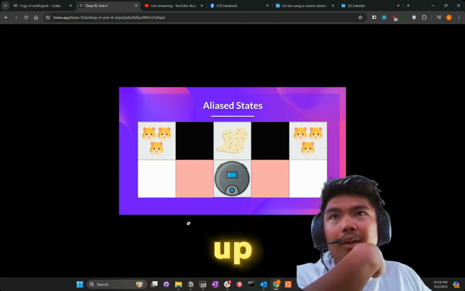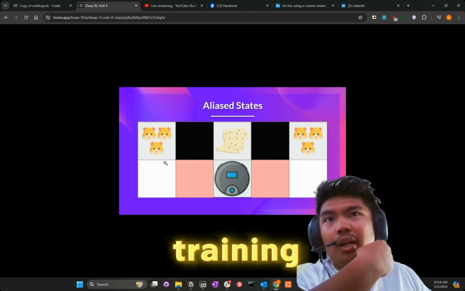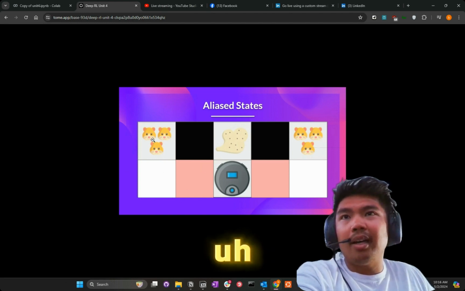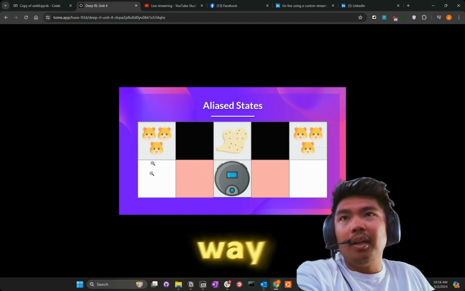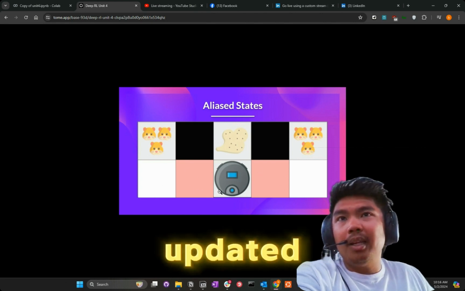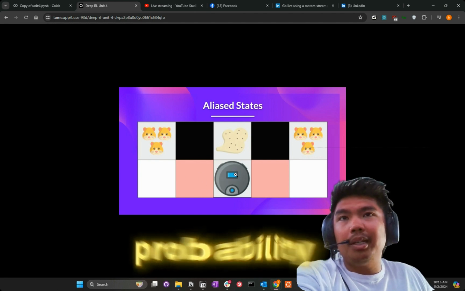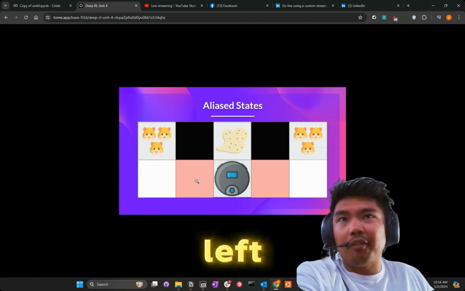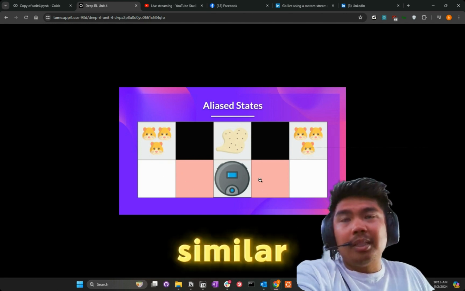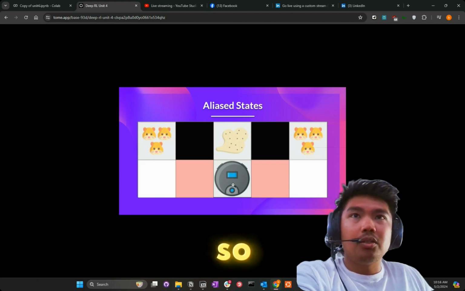Maybe now you go up, you get a negative reward. Maybe we say that this concludes the training, and we now know that the sum of actions this way is not going to have a good reward. So our policy would be updated, the parameters would be updated, so there's less probability of going to the left because we know you're not going to get the reward. Similar probability distribution for going to the right as well.